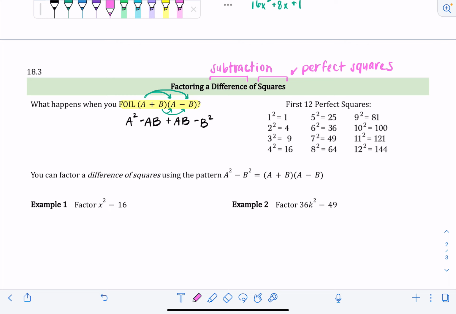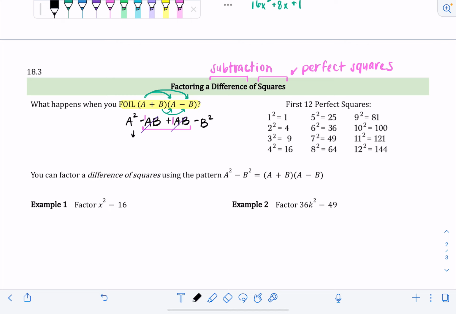And then we check for like terms, and this is a negative 1 ab and a positive 1 ab. So if I have negative 1 plus 1, that's 0. Those cancel out. They wipe each other out completely because if you add two of the same numbers that have opposite signs, it's 0. 4 and negative 4, 5 and negative 5, 1 and negative 1. Always 0, they cancel out.